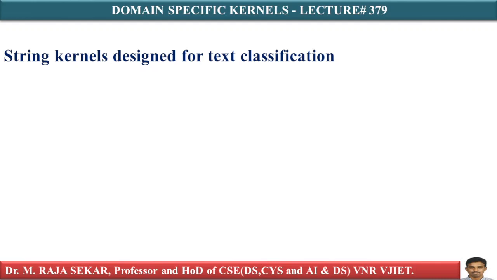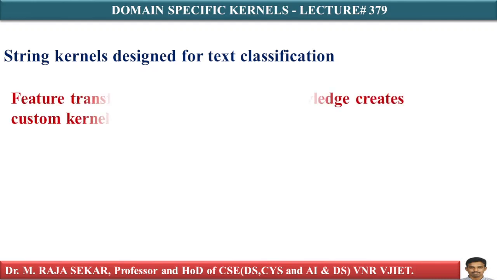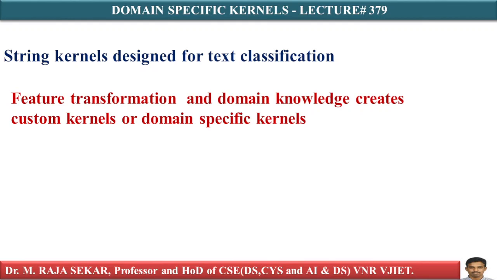So effectively, we can say feature transformation and domain knowledge create custom kernels or domain specific kernels for relevant problems. Given a real world problem, it is always important to research the right kernels for that problem. Of course, as I told you, you can always use RBF, but it is better if you can find a context specific kernel. So feature transformation, which is the hard part of machine learning, is partially replaced.